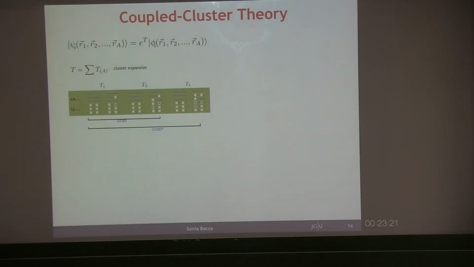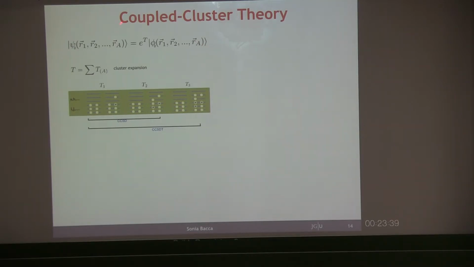For coupled cluster theory, instead, the situation is different, because as I said, it is a real many-body method. It is starting from a Slater determinant, which is this here. This is an uncorrelated state, which you can construct from any single-particle states you want.